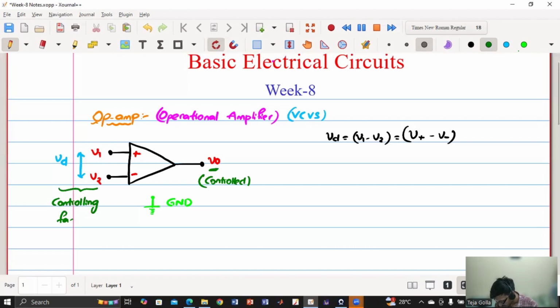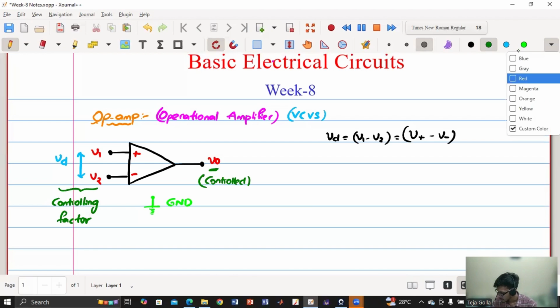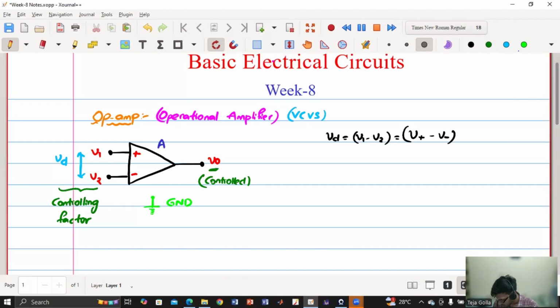We have all seen that if there is a dependent source, then it is dependent on some voltage and there will be a scaling factor, some constant. Similarly, in the op-amp, there is a constant called the amplifier gain, denoted by AV.